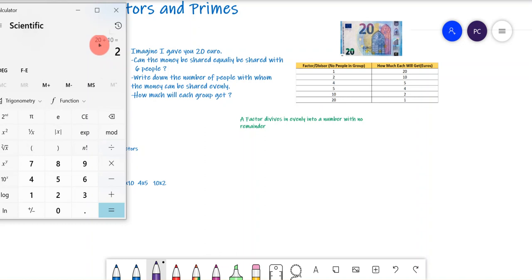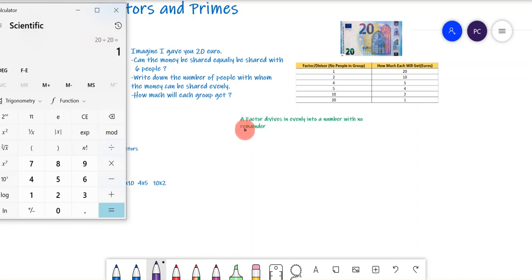Each person will get €2. And then if we split the €20 up between 20 people, each person in that group would get €1. So 20 itself is a factor of itself, or a divisor of itself.